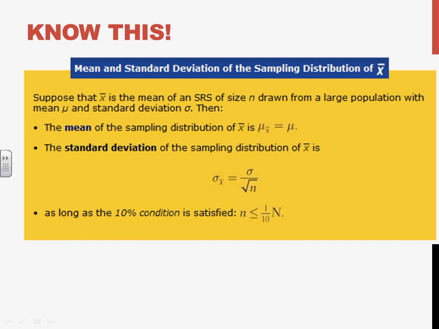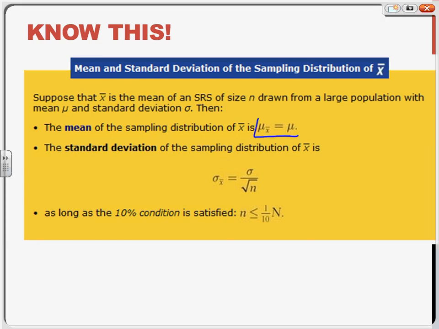So when we're dealing with means, the mean of the sampling distribution of X bar is just going to be the population mean. The standard deviation here is going to be sigma divided by the square root of n, as long as you have checked for independence, that 10 times your sample size is less than or equal to your population.